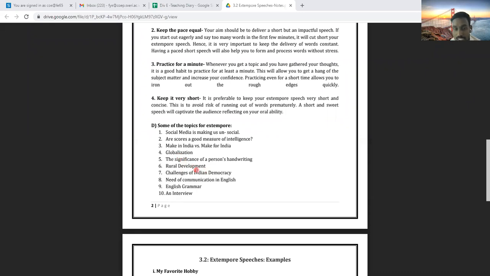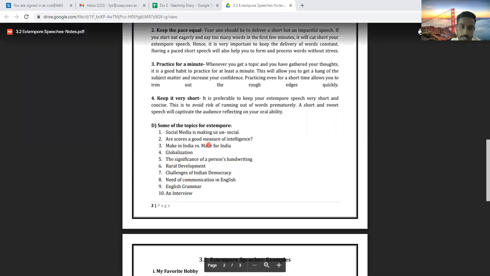Next thing is globalization. Number 5, the significance of a person's handwriting. Then rural development. Then number 7, challenges of Indian democracy. Need of communication in English, English grammar, and an interview. So is there anyone from your class who would like to talk on any of these topics? Maybe for 1 or 2 minutes also.